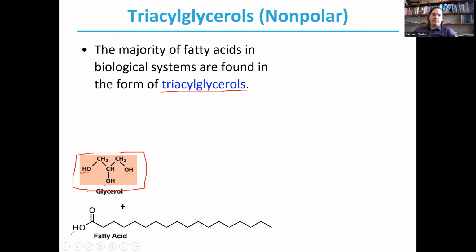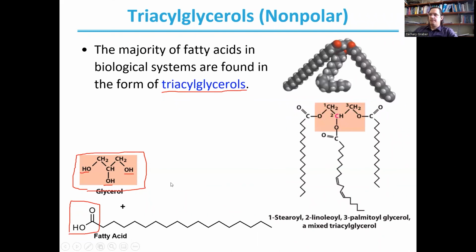And we can react this with our fatty acid using an esterification reaction. Carboxylic acids can react with alcohols to create esters. Since we have 3 alcohols, we can link 3 fatty acids on here to create our triacylglycerol.